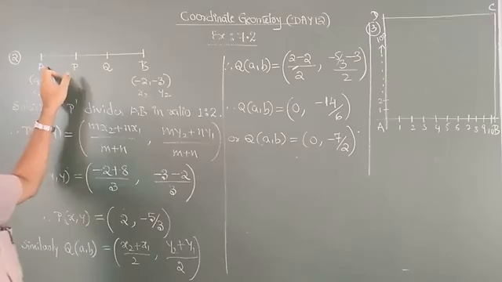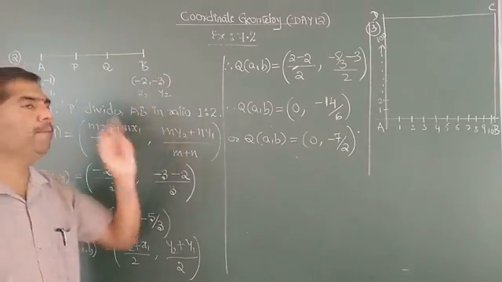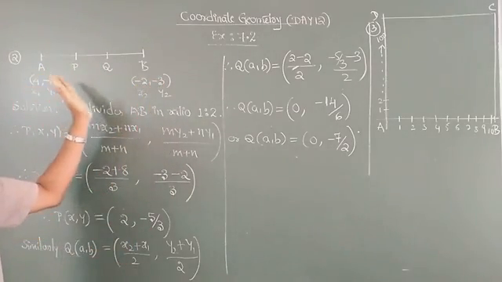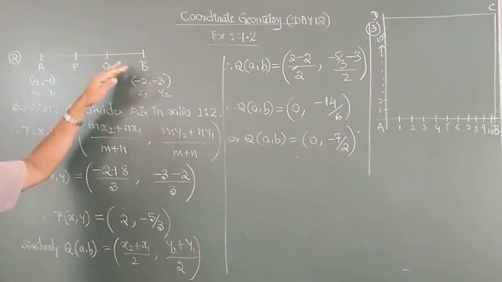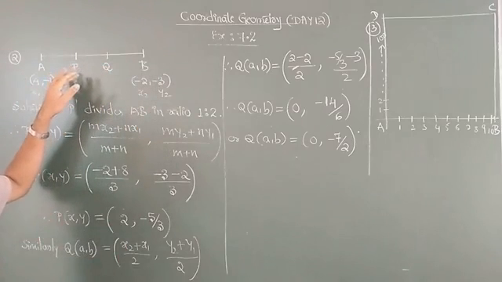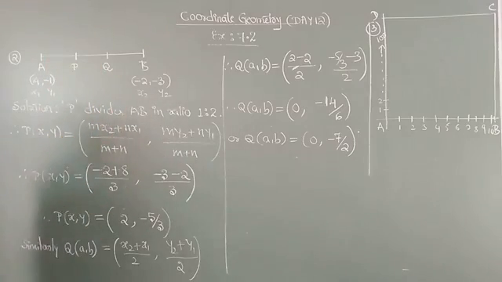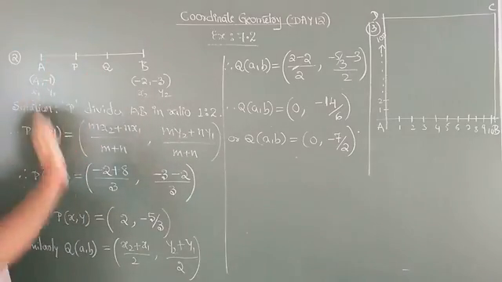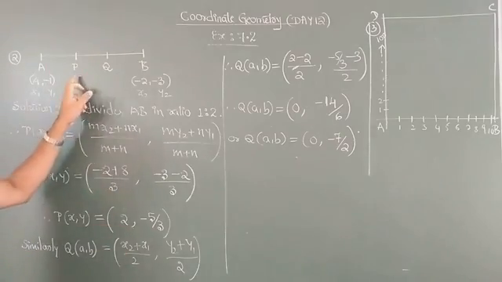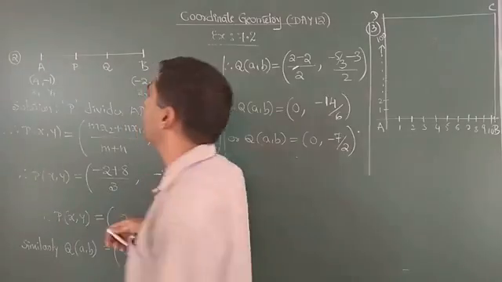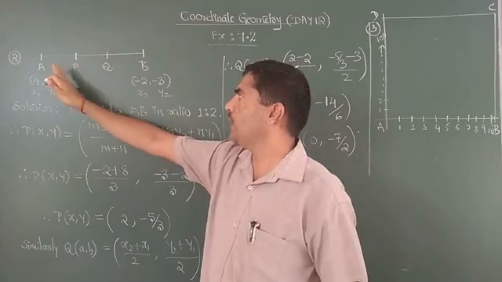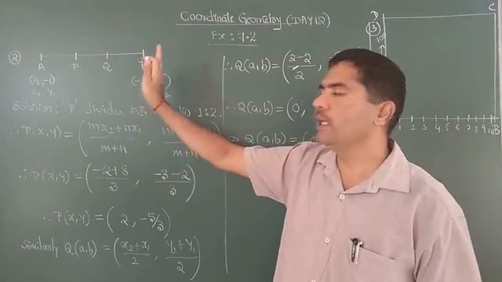Again, there is a line segment AB. There are two points which will divide this line segment into three equal parts, so they are in an equal ratio. P and Q are the points. Let us imagine they divide the line segment AB in equal ratio.